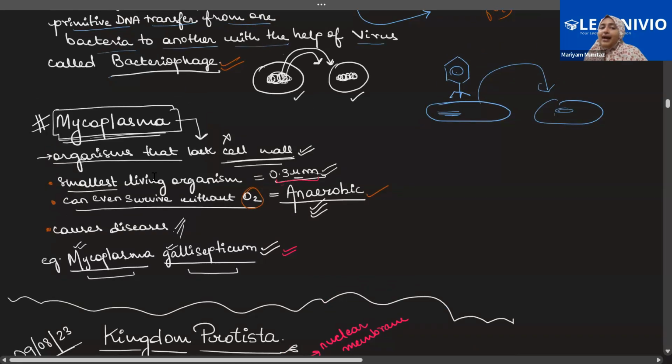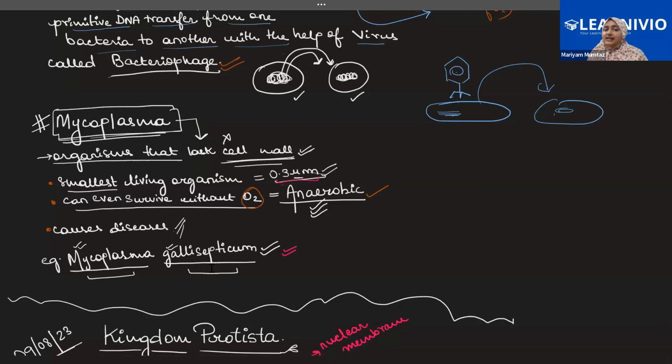Now talking about mycoplasma. Initially I said that all the monerans will have cell wall present in them except for archaebacteria and mycoplasma. So now we are going to discuss mycoplasma. Organisms that lack the cell wall are the smallest living organisms.